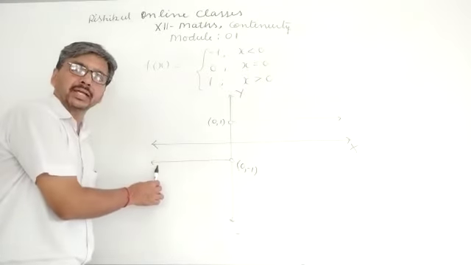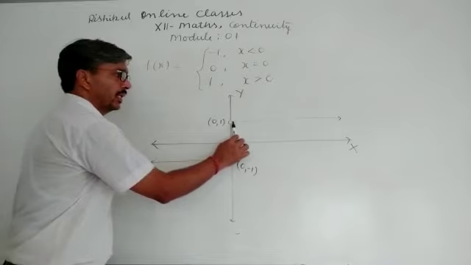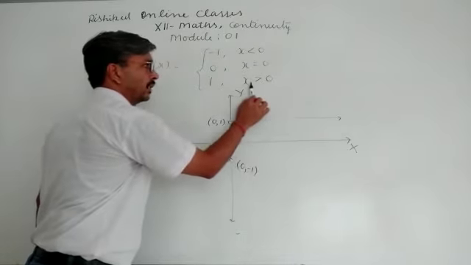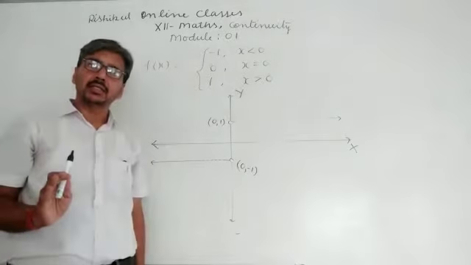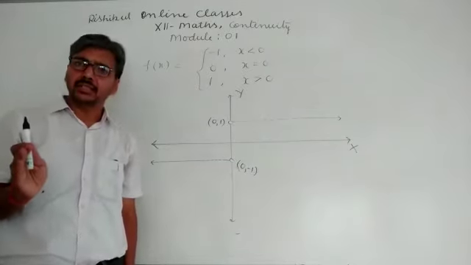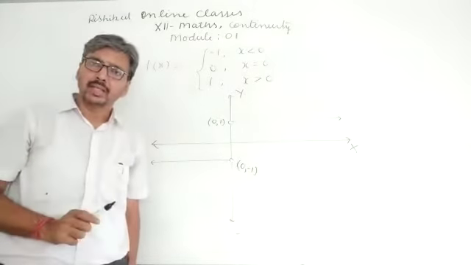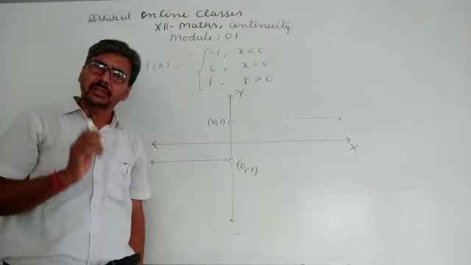There is no break on the graph, and same here, there is no break in this portion of the domain. It means I can say that for x less than 0, the function is continuous, and for x greater than 0, the function is continuous.